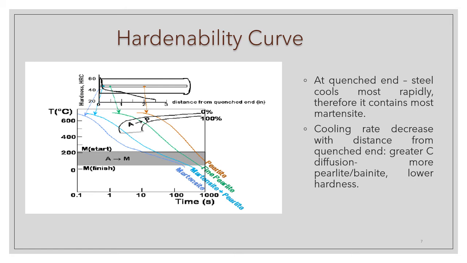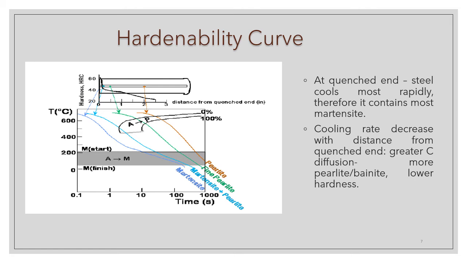Look at the graph. We can see that this is the end quench of the sample, where the hardness is the highest. As you can see here, the temperature increases when it first came out from the sample, and then it will drop until it forms martensite.